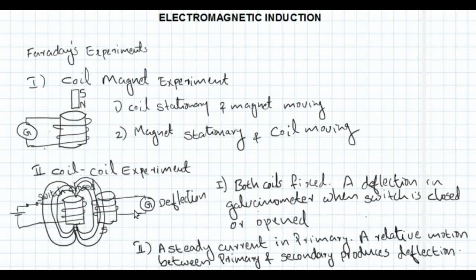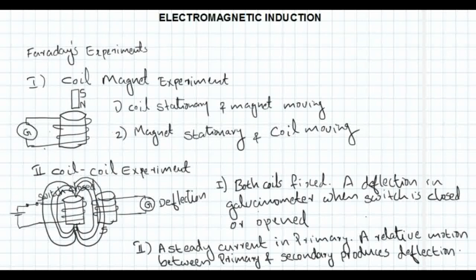One more point is that we may fix this secondary here and bring the primary towards the secondary, or move the primary away from the secondary. In both cases, the field lines coming in contact with the number of turns will change, and a current will be produced. So in both ways we can produce induced EMF in the galvanometer.